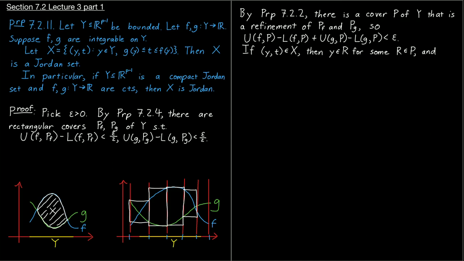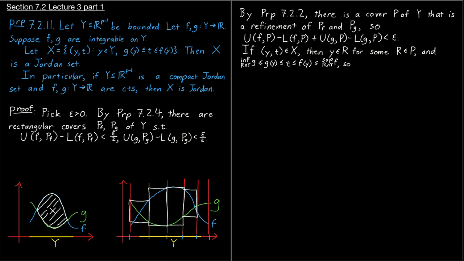And furthermore, t is between G of y and F of y. But F of y is less than or equal to the supremum over that rectangle of F, the biggest F gets in that rectangle, and G of y is similarly at least the infimum over that rectangle of G, or rather the rectangle intersected with Y. As I said, we might have some rectangles that are not subsets of Y.